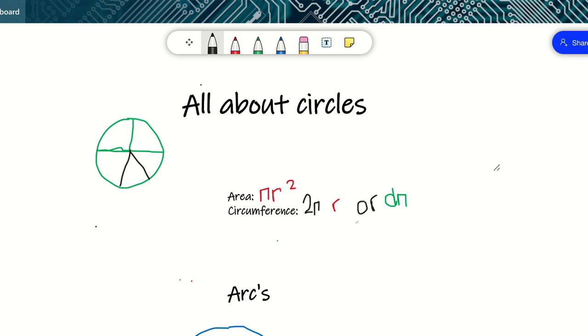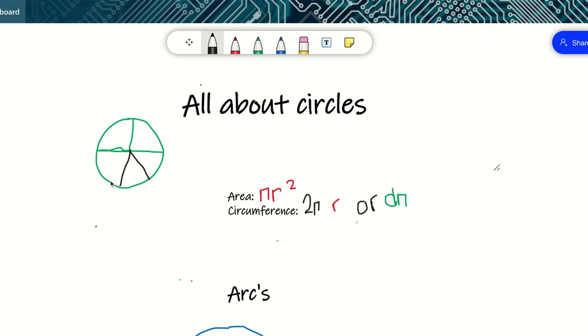The next term I wanted to talk about was the diameter. And the diameter is always twice the radius. And what that means is that the diameter has to have one point on the edge of a circle, the other point in the center of the circle, and the third point on the other edge of the circle, opposite to the first point.